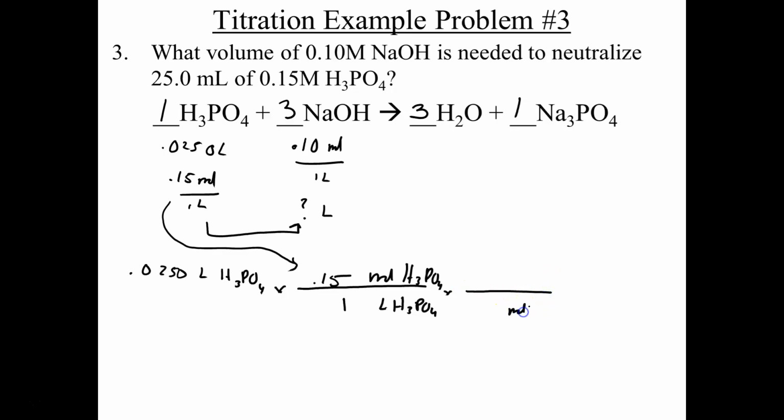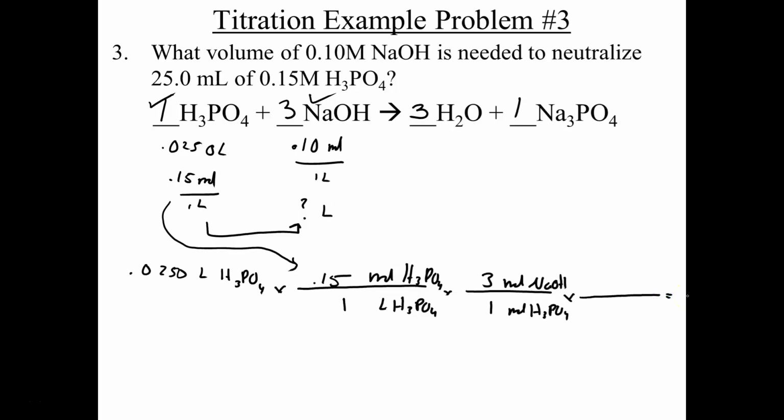So we have moles of H3PO4. Convert to moles of NaOH. Okay, from the balanced chemical equation, so 1 mole of H3PO4 right here reacts with 3 moles of NaOH. Okay, so now let's go ahead and factor label the rest of this.